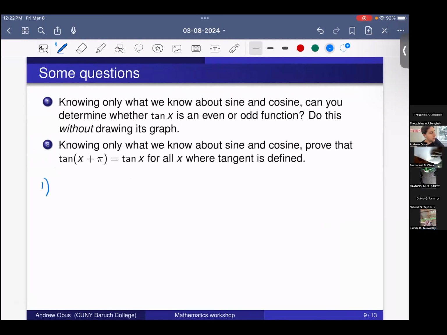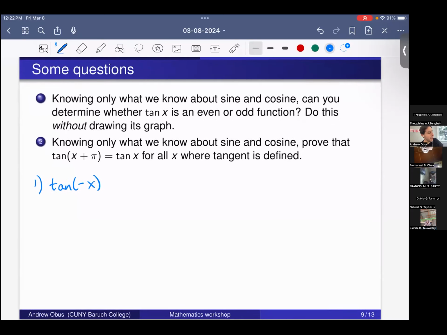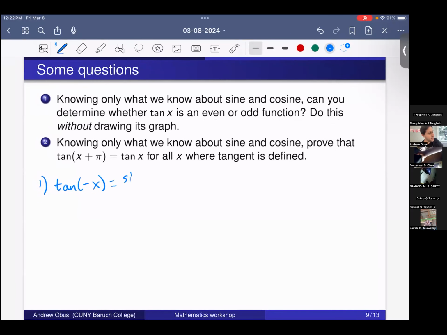For number one, if we want to know whether tangent of x is even or odd, we have to understand how tangent of minus x relates to tangent of x. If I take tangent of minus x, I can write this in terms of sine and cosine: sine of minus x divided by cosine of minus x.